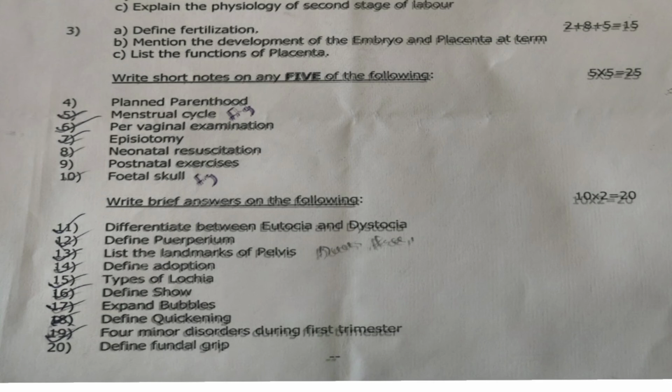Only the best counts. If you write some extra and that extra question scores more marks, then that mark will be taken, and the other question which scored less will not be taken. So why waste time writing extra questions? Better to answer whatever question you know properly, and give importance to that question alone.